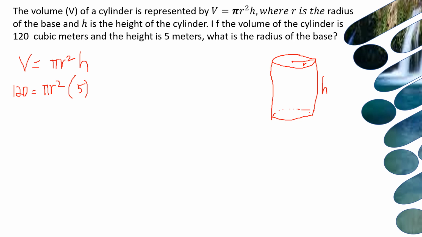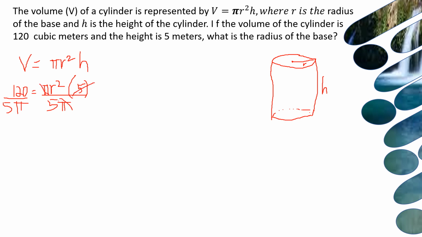So to solve for r squared, we have to leave it alone little by little. But first, we should divide the two sides of the equation by the coefficient of r squared, which in this case is 5 pi. So divide all sides by 5 pi. So cancel this out.